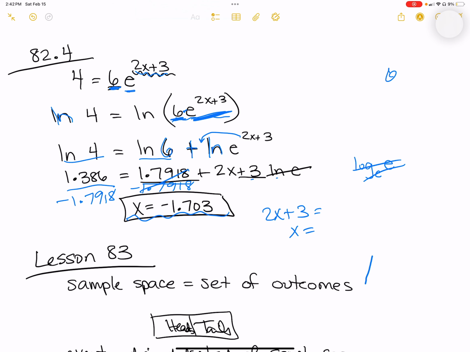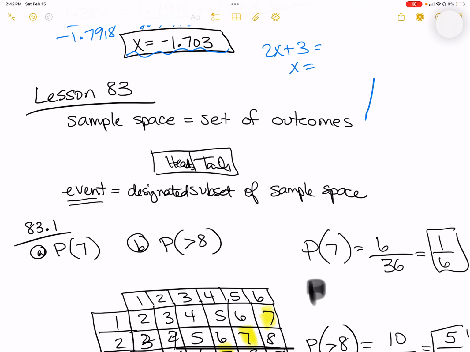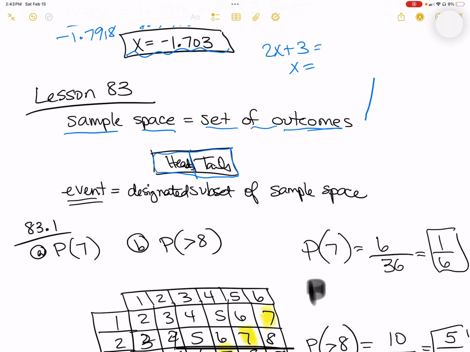All right, lesson 83 is over some statistics, okay? So when we have an experiment like rolling dice or flipping a coin, the sample space is the set of outcomes that are possible. So if I'm flipping a coin, I have 2 possible outcomes, heads or tails. Okay, so this is your sample space.